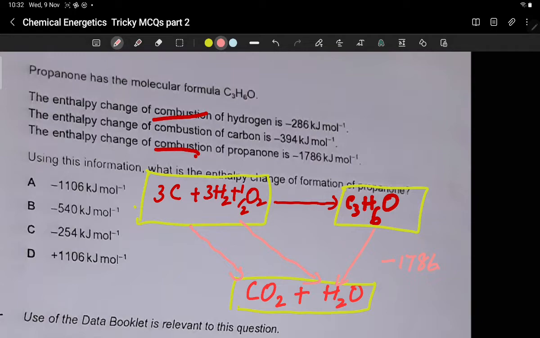This is equal to 3 into, for hydrogen forming water, minus 286, and this is equal to 3 into carbon, minus 394.